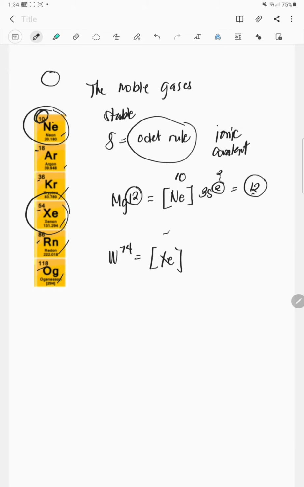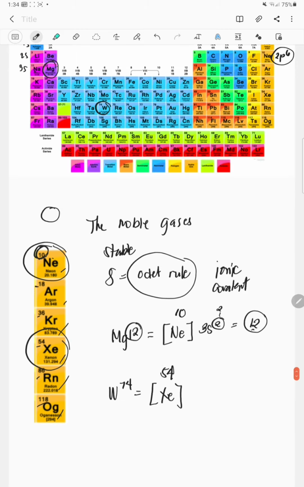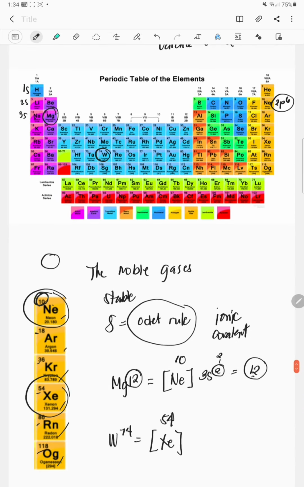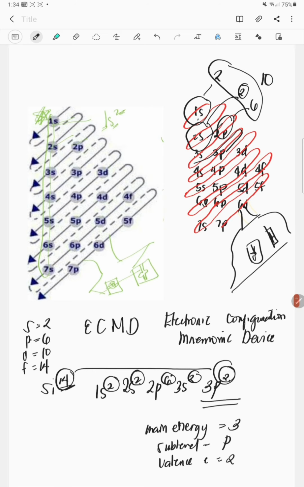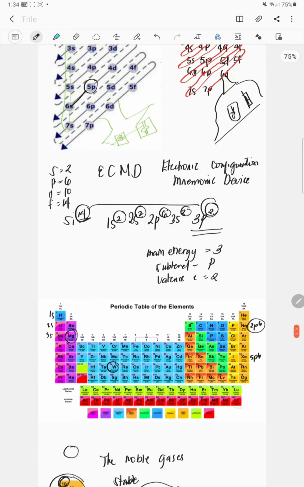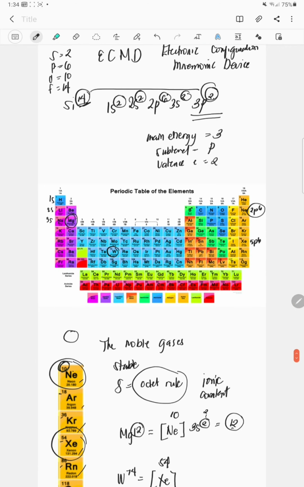Okay, ilan ba ang xenon? 54. Okay, tignan mo, ang xenon kasi 1s, 2p, 3p, 4p, 5p. So, this is 5p6. Balik tayo dito. 5p6. Ito siya. So, ang susunod is 6s na agad. Tama. Okay, 5p6, 6s na po tayo.